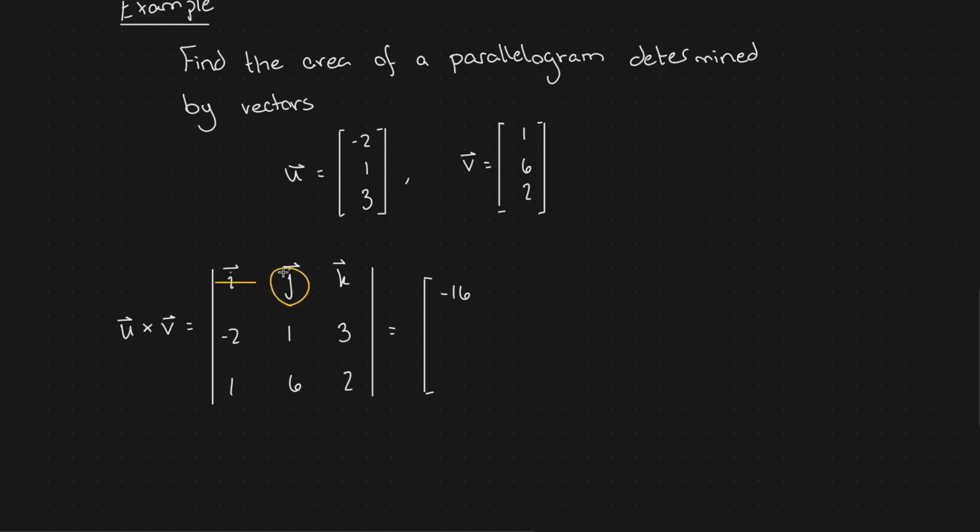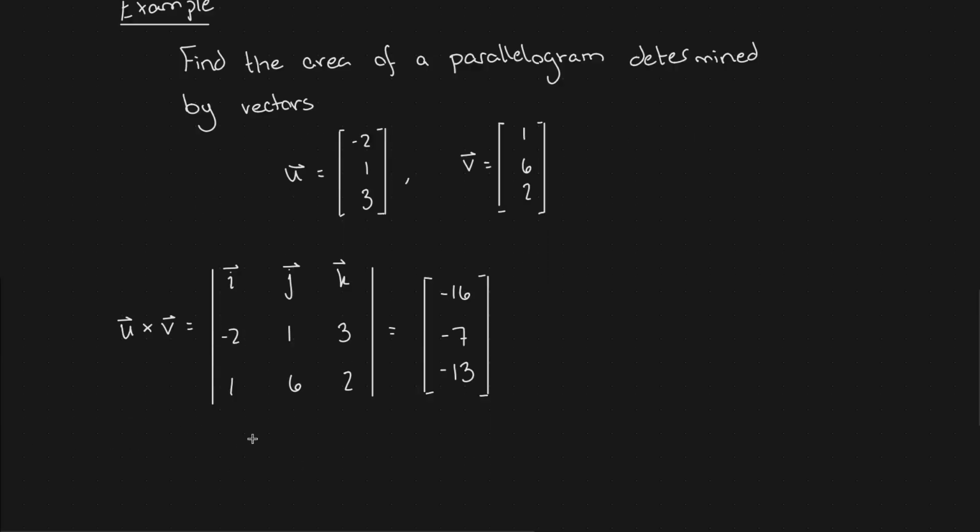For the j component, I have -4 minus 3, so that's going to be -7. And for the k component, -12 minus 1, that's -13. So that's u cross v.